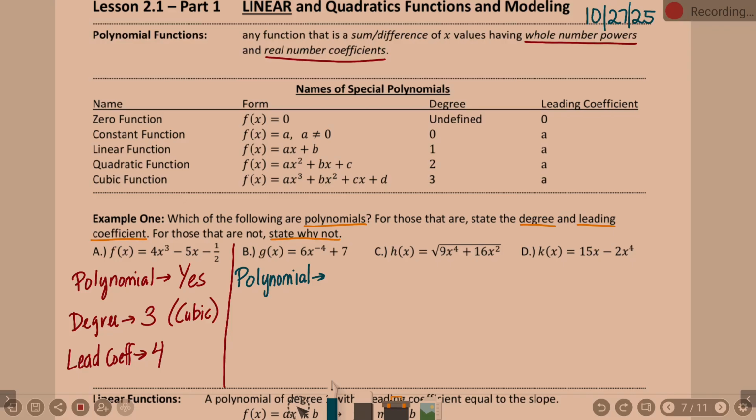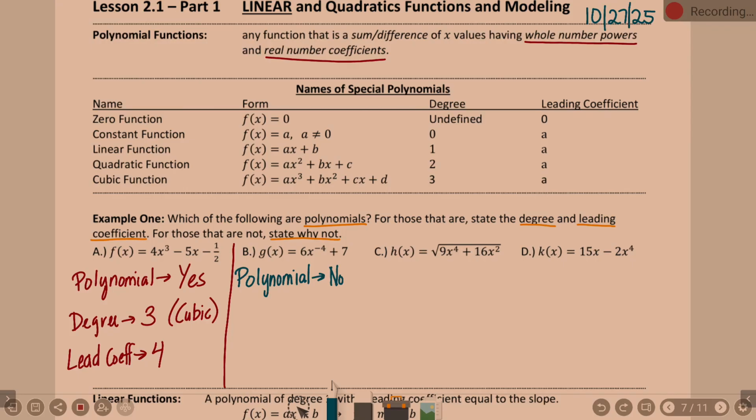What's the definition of a whole number? 1, 2, 3, 4, 5, 6, 7, 8. And whole numbers do start at 0. They do include 0. So 0, 1, 2, 3, 4. So my powers, can they be negative? No. So this is not a polynomial.